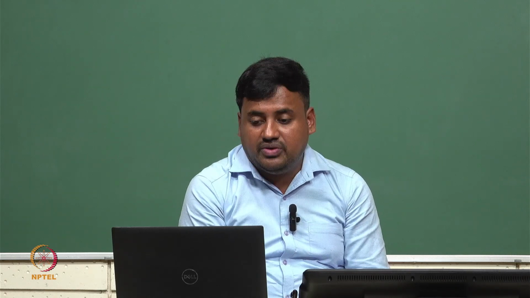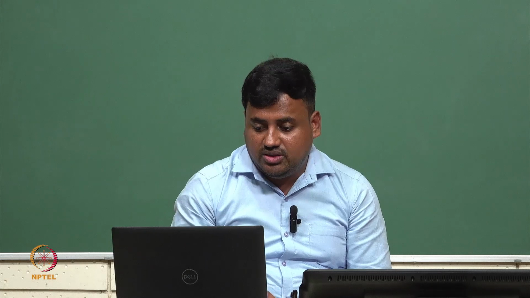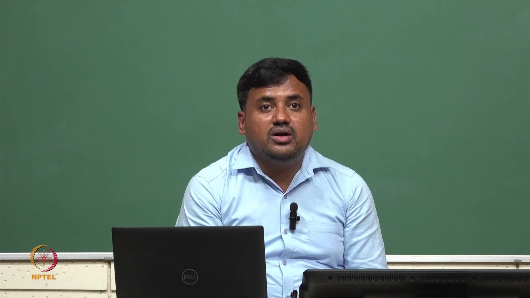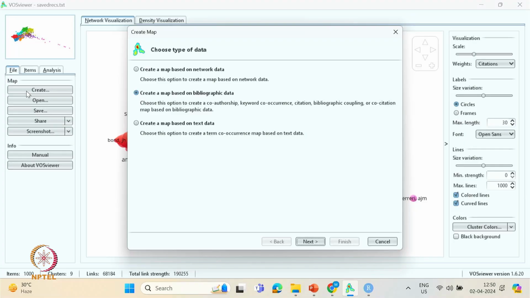However, what we are going to show you also creates many other visualization features. Now let's do the analysis of visualization networks using the OS viewer. Using the institutional data, we create the visualization network with the OS viewer, again creating map-based networks.